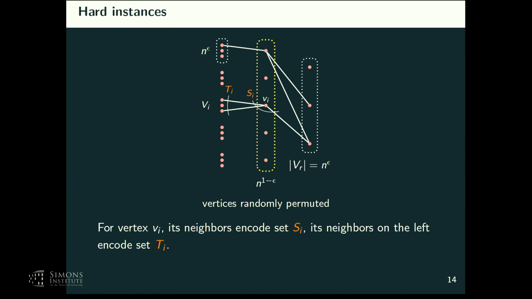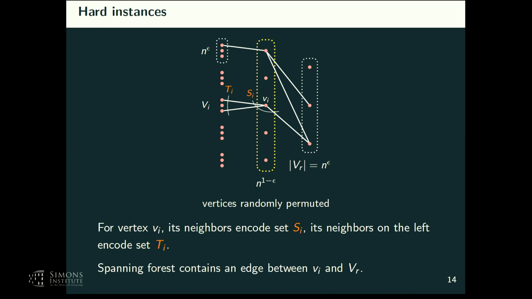That means in order to connect to the rest of the graph, the spanning forest must find, for every v_i in the middle, some edge connecting v_i to the right. And because we are encoding the set T_i as the neighborhood on the left, this corresponds to finding some element in the difference of S_i and T_i.